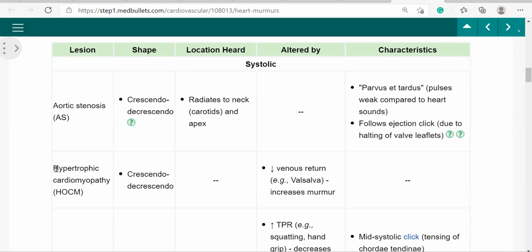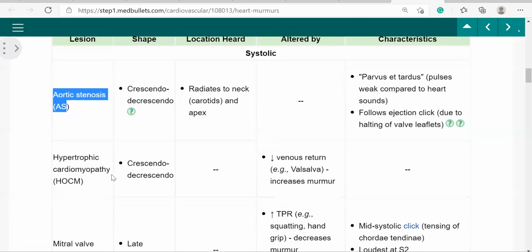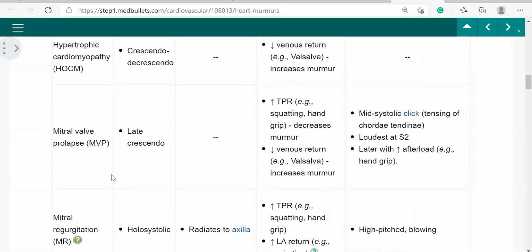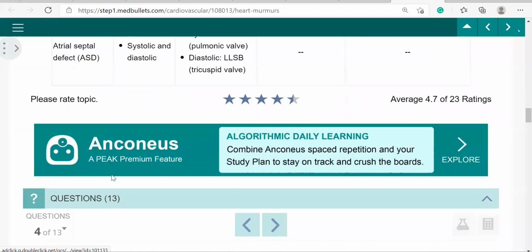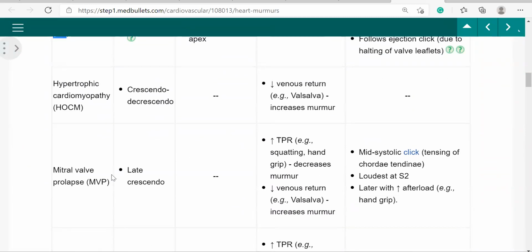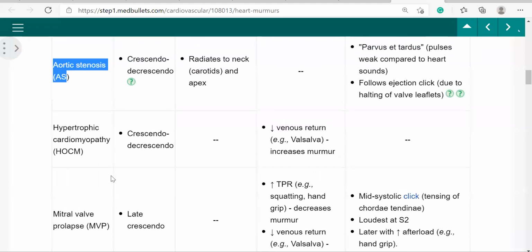Now, one of the things I wanted you to know, hypertrophic cardiomyopathy, the murmur is pretty much the same as aortic stenosis. It's a crescendo decrescendo systolic murmur. But it's more commonly found at the left sternal border, in the fourth intercostal space.